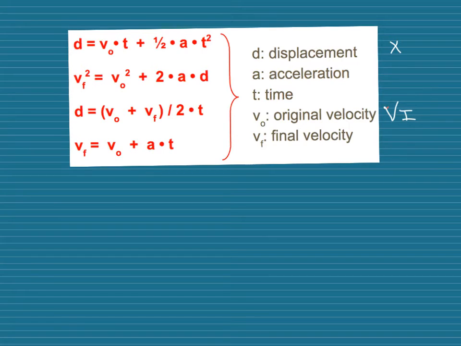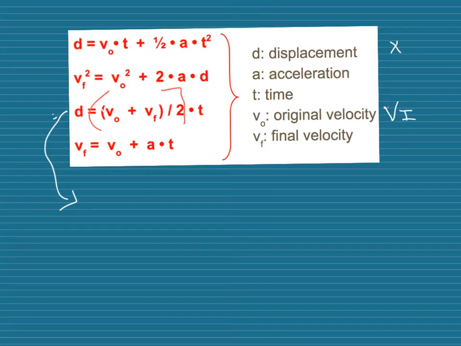Now, this third one, I would rewrite that in your notebook, because of the way it's written here. You really need parentheses around this part, because if you take V naught plus VF and then divide it by 2 times T, it's going to give you the wrong answer.